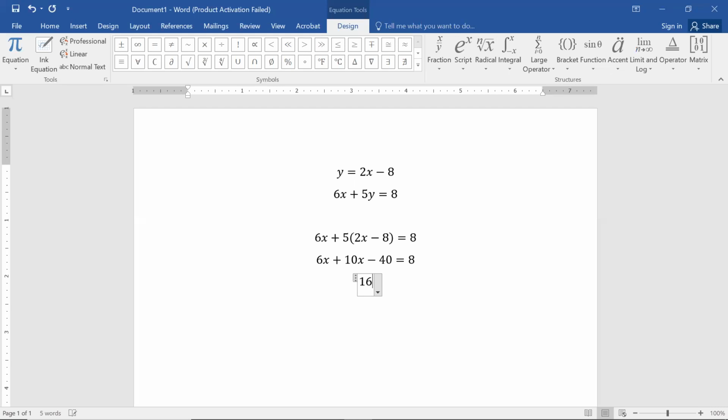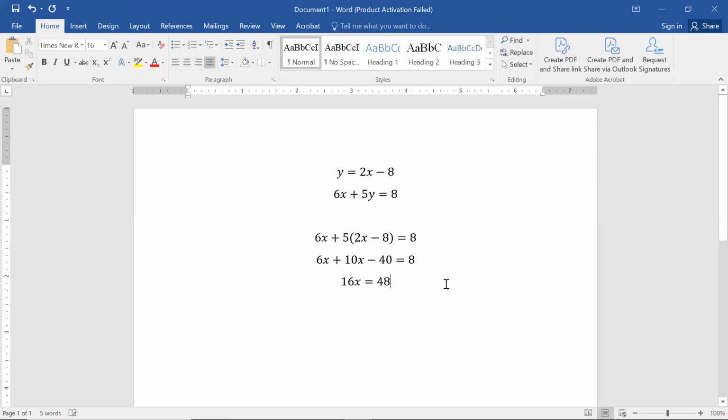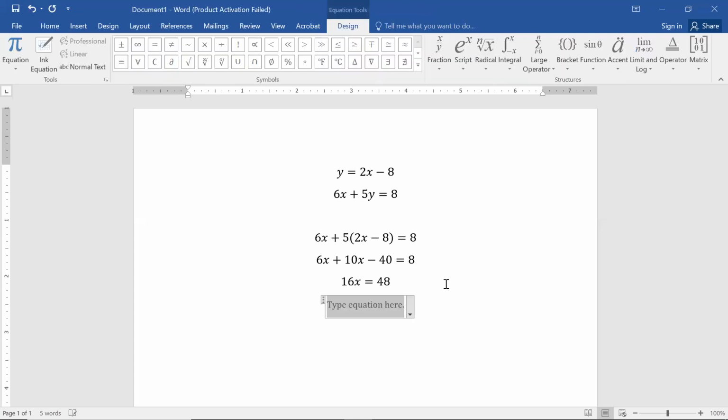That'll give me 16x. And then I'm going to add 40 to both sides to get rid of the minus 40. That will give me 48 on the right-hand side. If you need help with solving equations, obviously you can check out my videos on that as well. Dividing both sides by 16 gives x, which is 3.